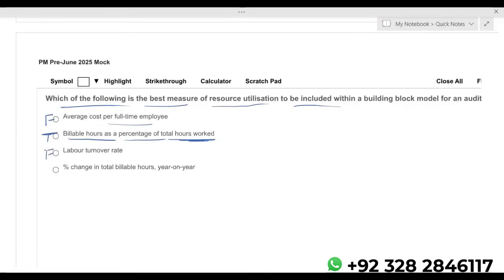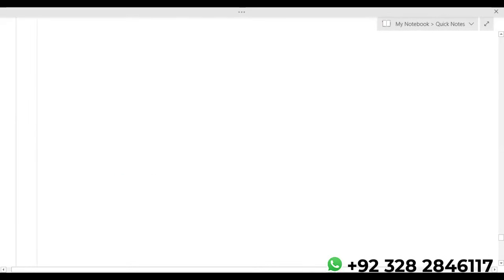See, if you have got 15 employees, 20 employees, the more I use their services, the more billable hours I can generate. It means I'm utilizing my resources a lot. Labor turnover means when your labor is not satisfied, they will leave you. Percentage change in total billable hours year on year basis. Resource utilization is B.